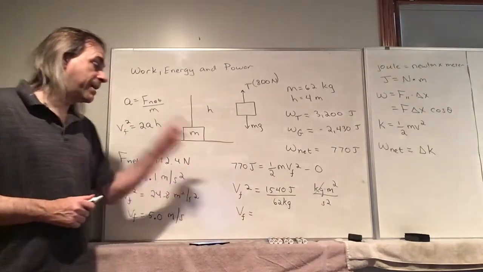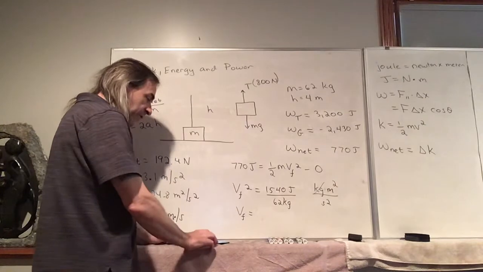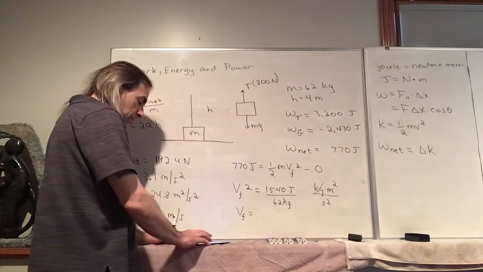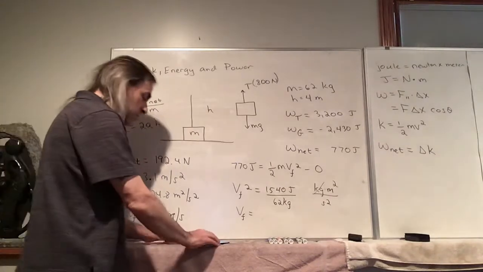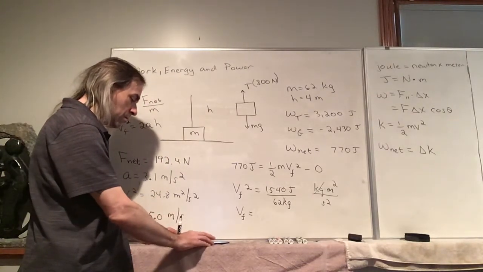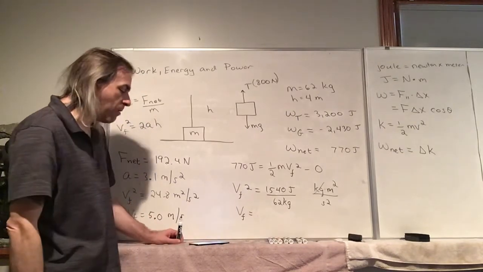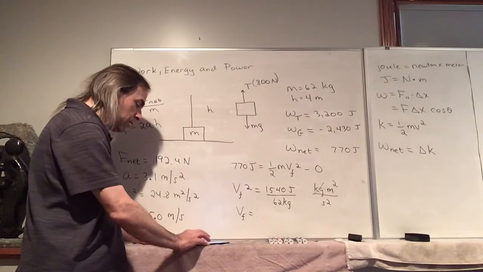Now, let's go back here. This part was right. But if I divide this, 1540 divided by 62, yeah, 24.84. And then take the square root of that.